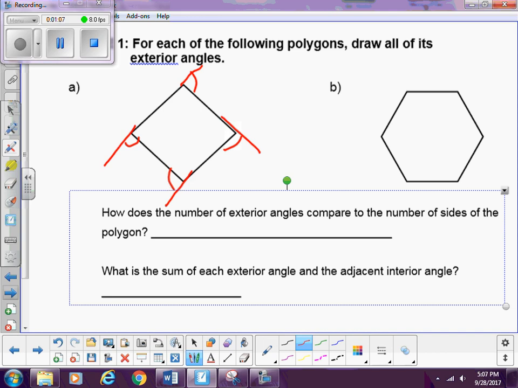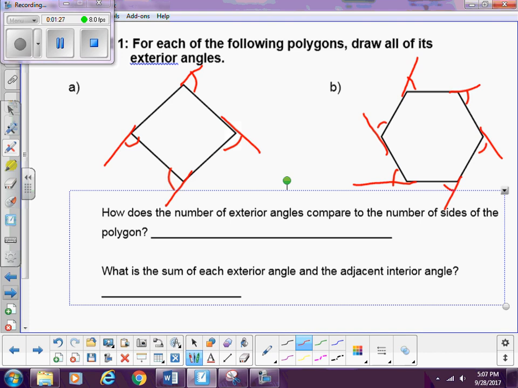Likewise the hexagon. Let's go ahead and extend each side out. So I'm going to go to the left each time. 1, 2, 3, 4, 5, 6. So there's 6 angles.